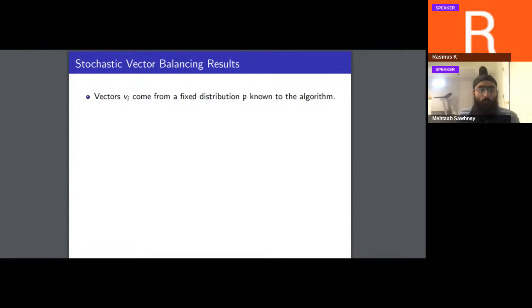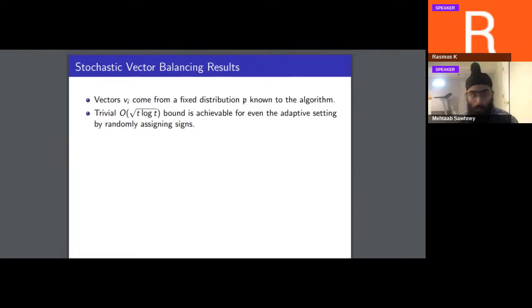Given that most of the previous work was on stochastic vector balancing, let's understand why that problem is slightly easier than the oblivious problem, and why the techniques are forced to be different. Recall that in the stochastic vector balancing model, the vectors vi are coming from some fixed distribution p, which you, as the person giving the signs, know.